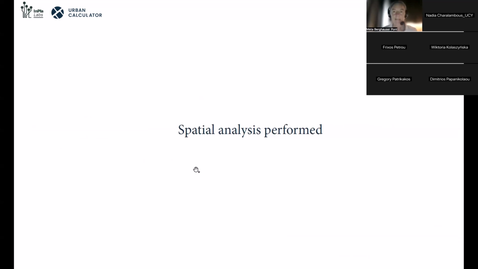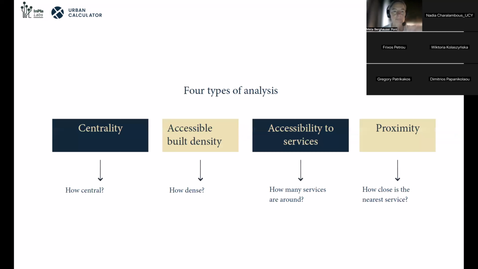Then what analysis can be performed using the tool? There are 4 groups or types of analysis. We have centrality. I talked a lot about that already. You can ask the question and get an answer: how central are certain places in a city or a region? The second one is accessible build density.